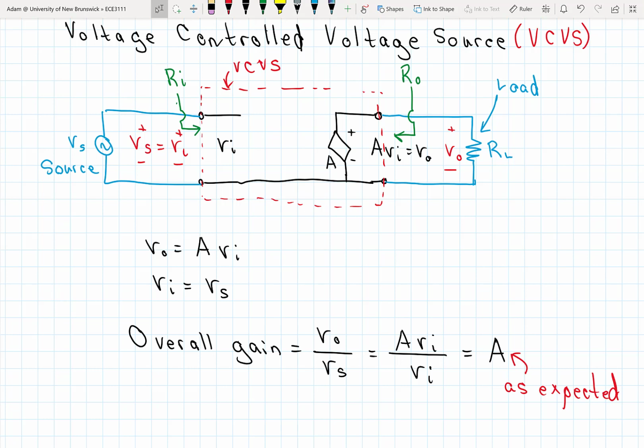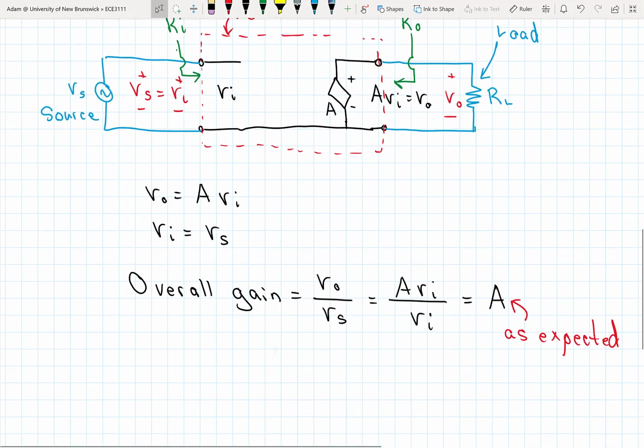Okay, but we've made a few assumptions that maybe weren't apparent to you yet, but will be. What assumptions have we made as we developed this model and did this calculation of gain?